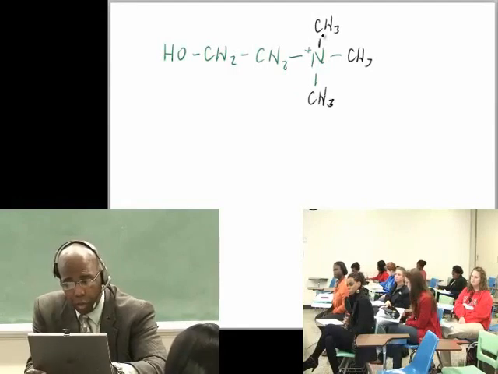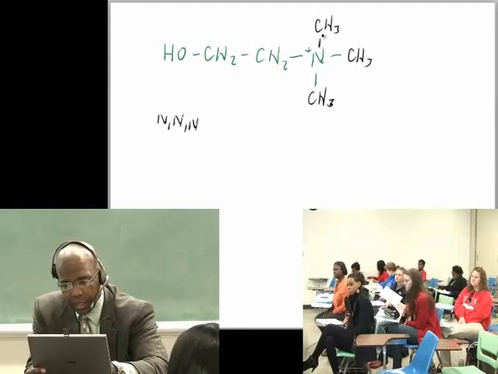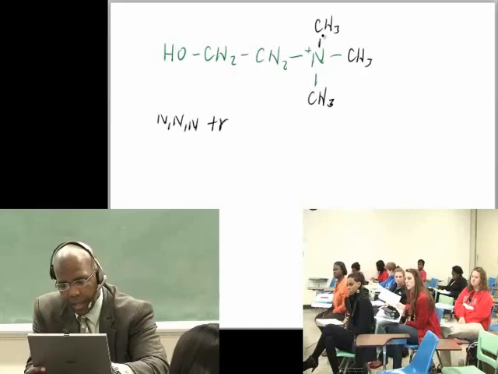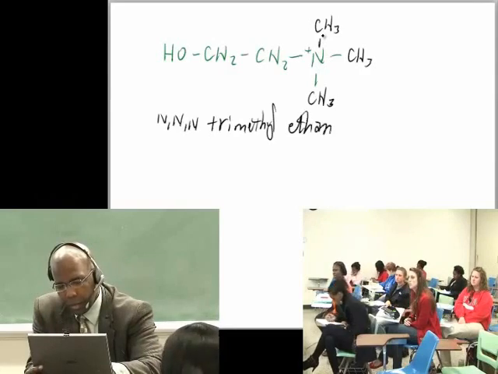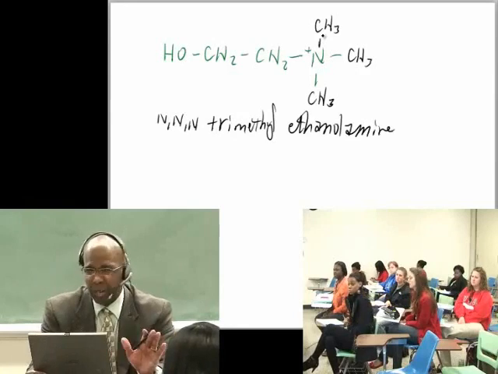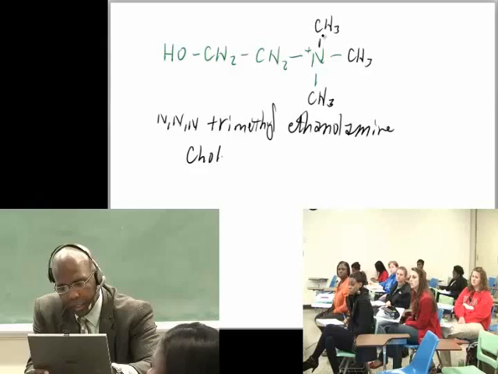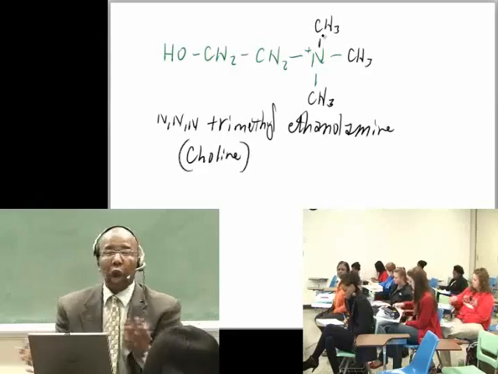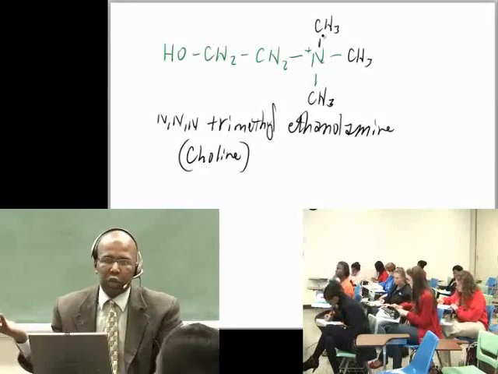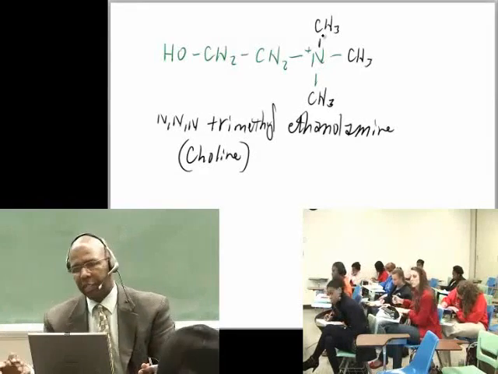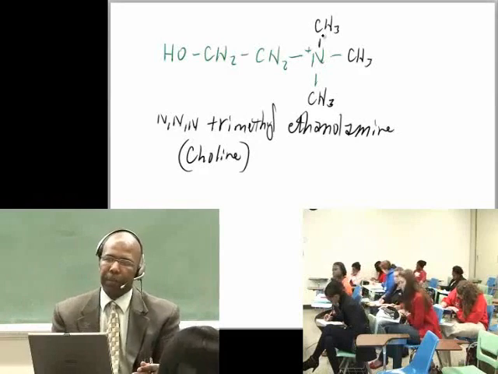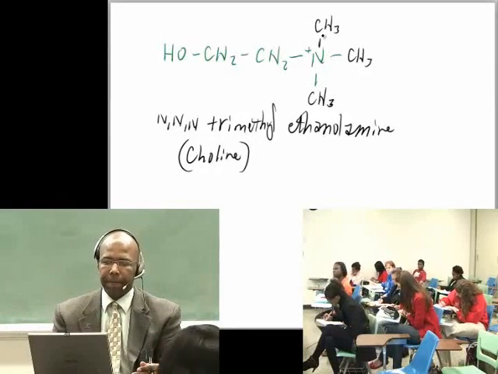Now this molecule is called N,N,N-trimethylethanolamine. But you don't need to know that, because that's ridiculous, and so we just call this choline. Choline and ethanolamine look very similar to one another. Instead of 3 H's on the amino group, you have 3 methyl groups on the nitrogen. Make sense?